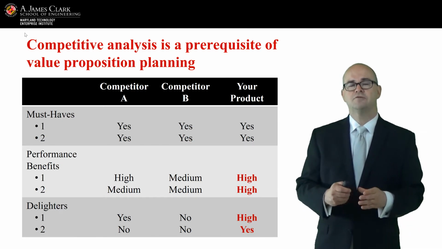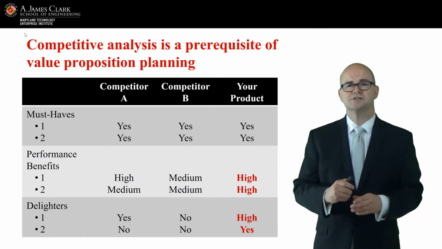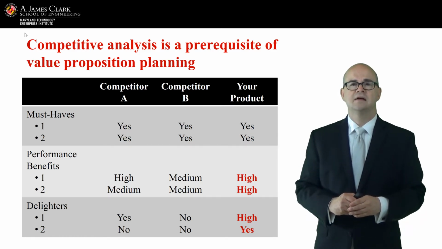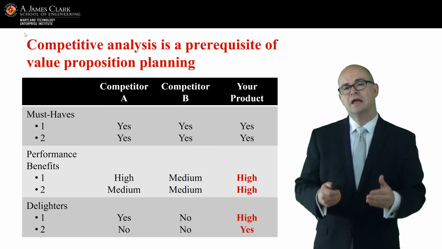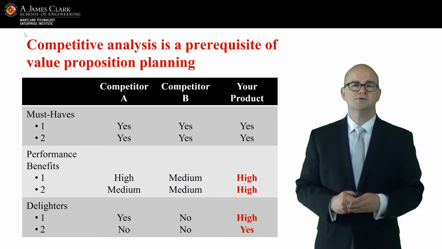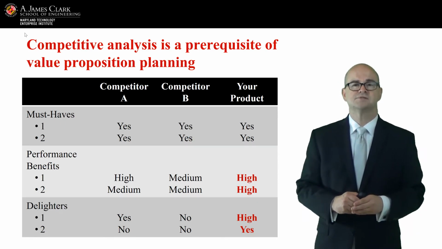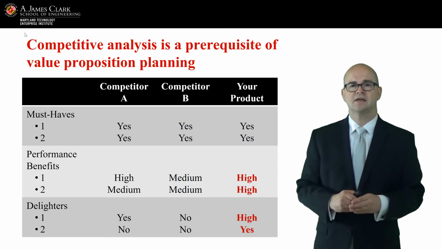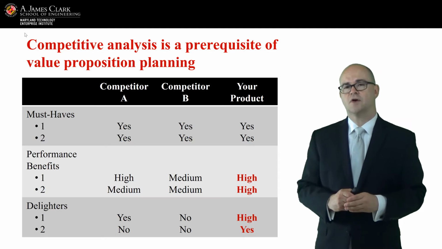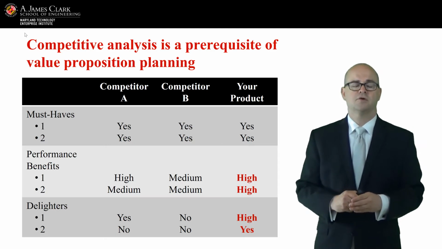For example, you may find that you do that analysis, and competing product A has the must-haves. Competing product B has the must-haves. You'll want to have it as well. And in the next element, suppose that there is some performance benefit that competitor A does very well. Note that is high. For that same benefit, you would analyze your other competitors. In this example, competitor B is at the medium level.